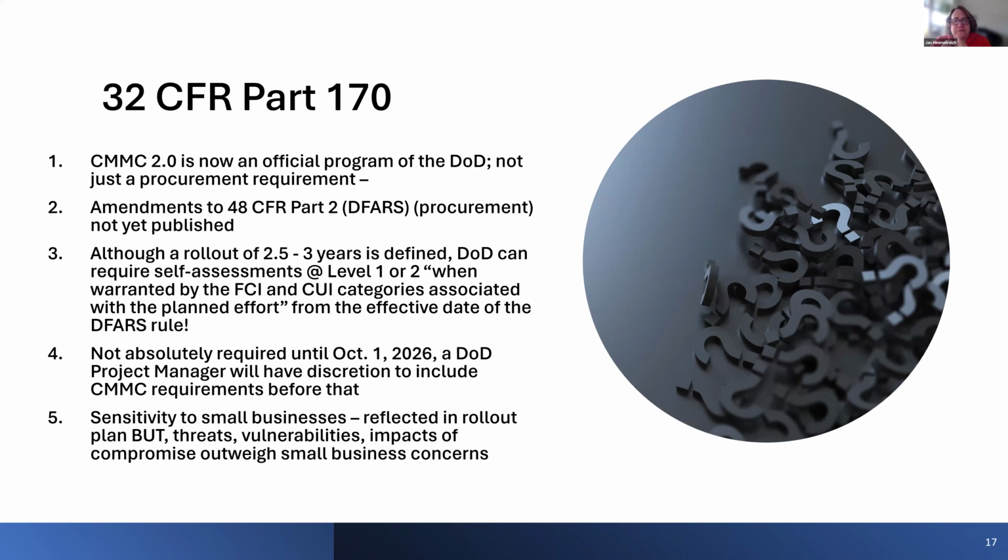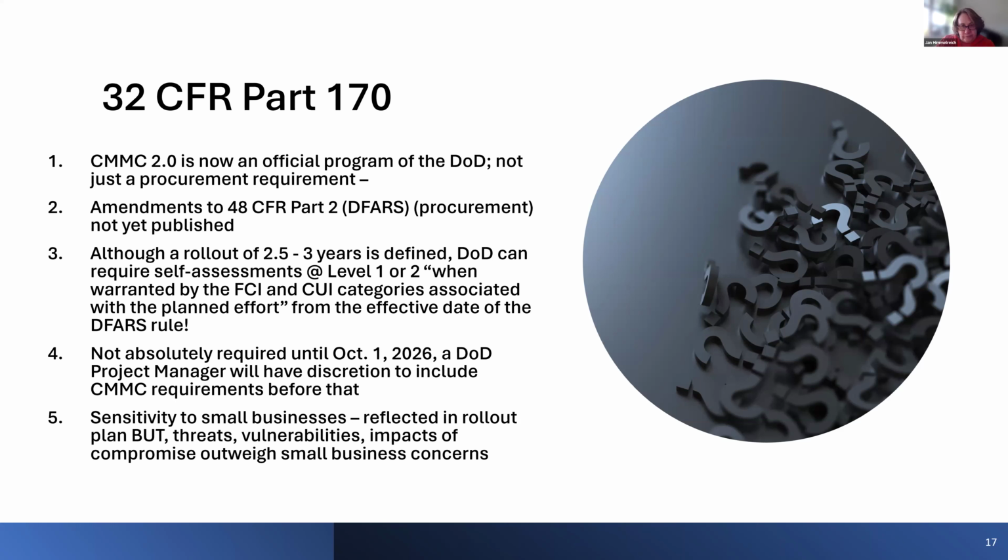The amendments to 48 CFR Part 2, that's the DFARS, or the Defense Federal Acquisition Regulation Supplement, are supposed to be out this month. Okay, what's today? The 21st. We still haven't seen them yet. They don't have too much time left. We'll see.